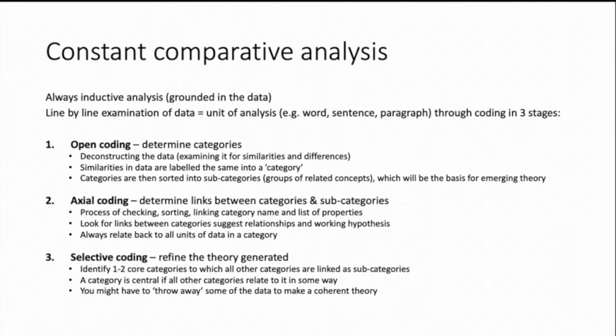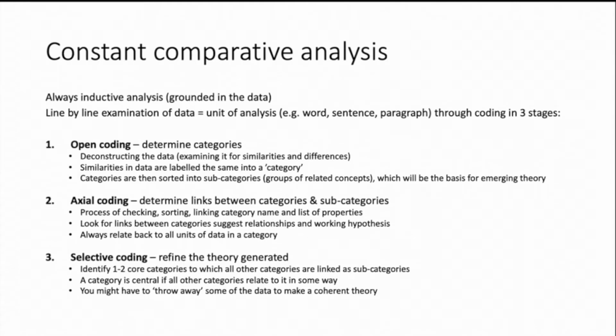So if different people are talking about how their student experience is positive, this might be labelled under the category of positive student experience, for example. Categories are then sorted into subcategories or groups of related concepts, which may be the basis for emerging theory.